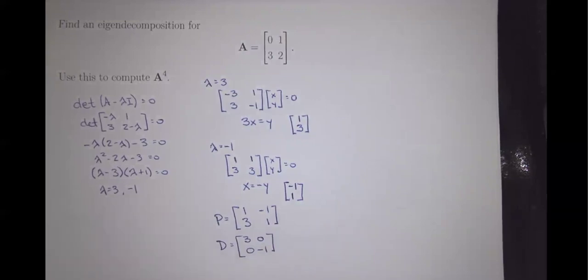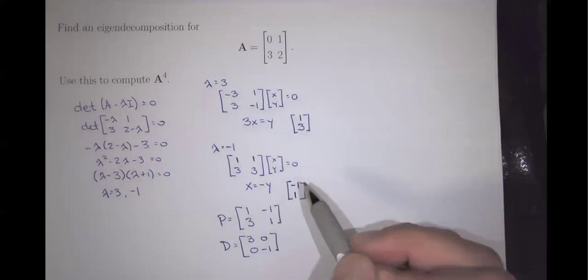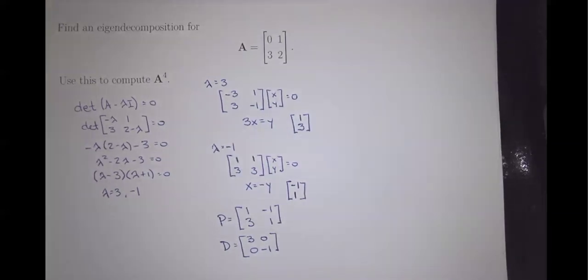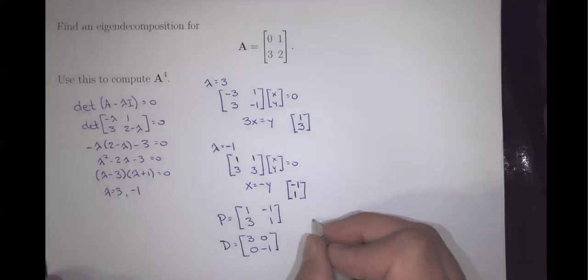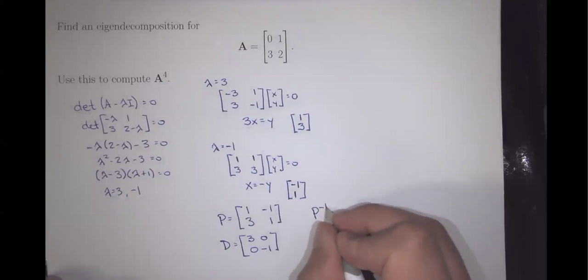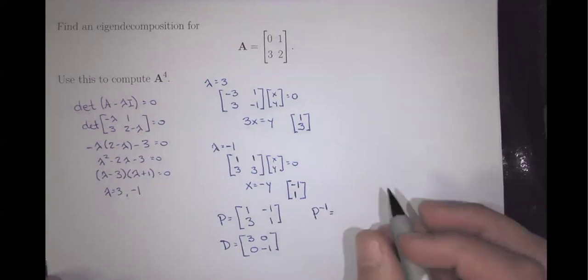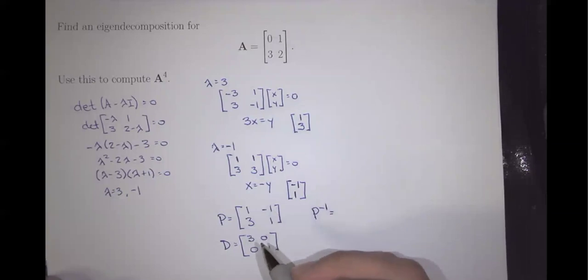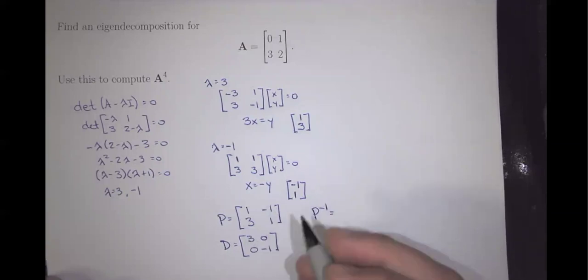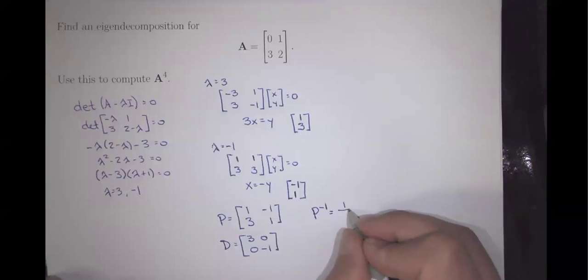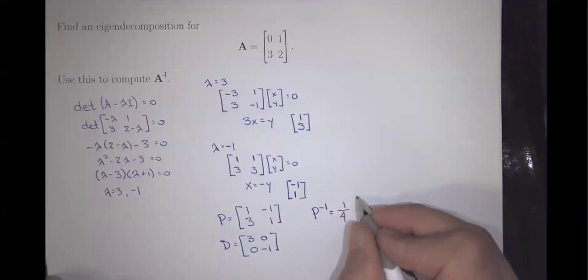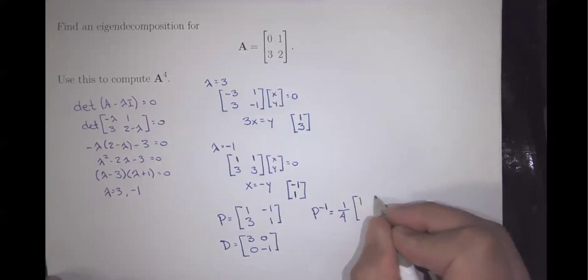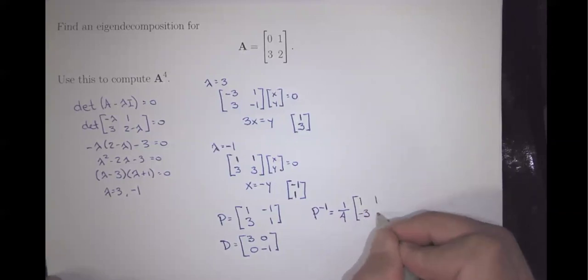Now, we need to find P inverse. So one thing to remember here is if we had normalized those guys, finding the inverse might be a little bit easier. But in the event, P inverse here, we have 1, minus 3, so 1 over 4 times 1, 1, minus 3, 1.